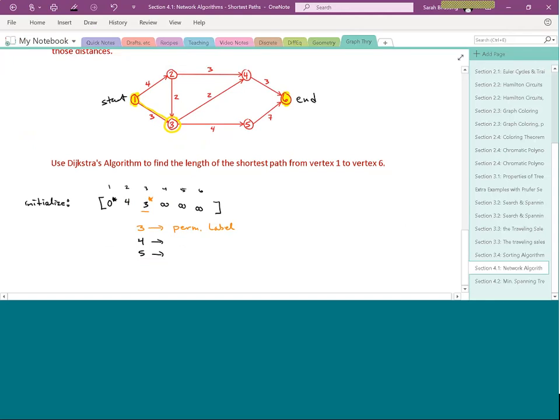All right, so new label on vertex 4 is going to be the minimum of its current label, which is infinity. And then what do you do? You take how long it took to travel to vertex 3 right now. In other words, the permanent label on vertex 3, which is 3, and then plus the additional amount it takes to get to vertex 4.